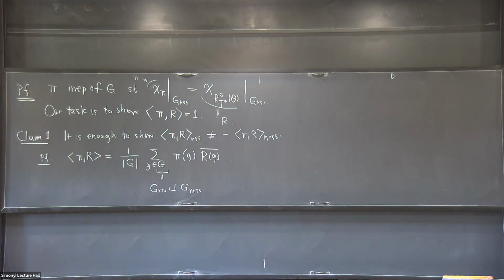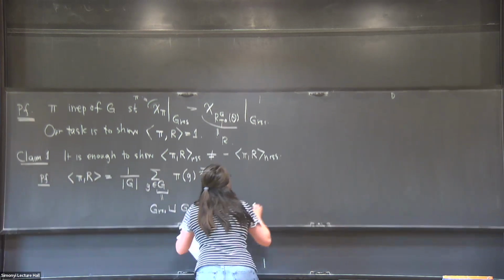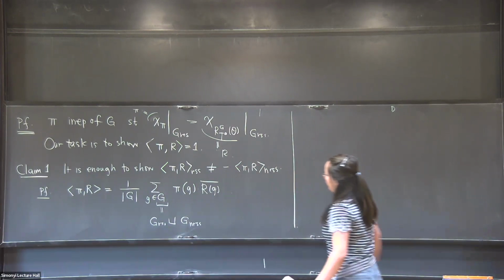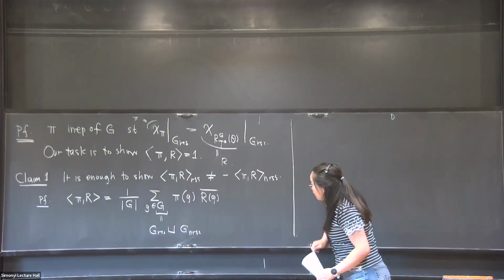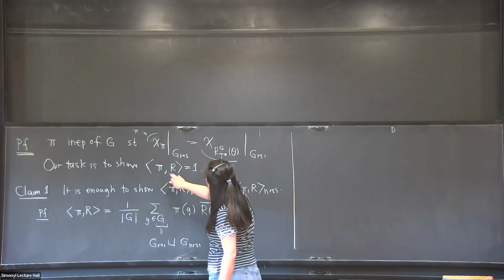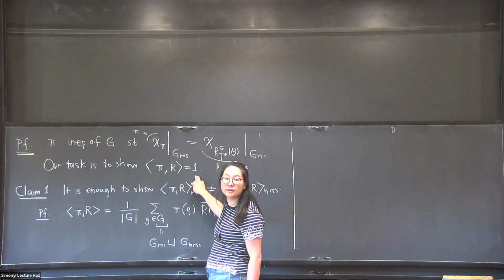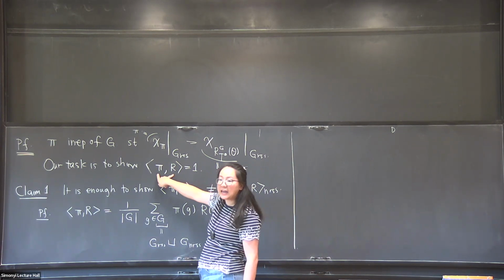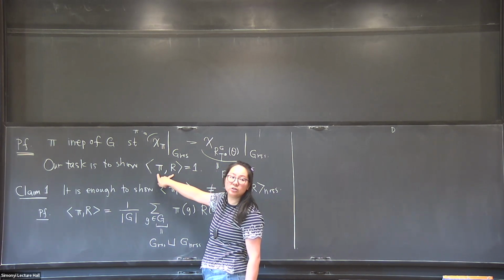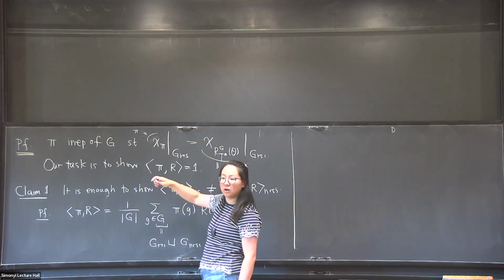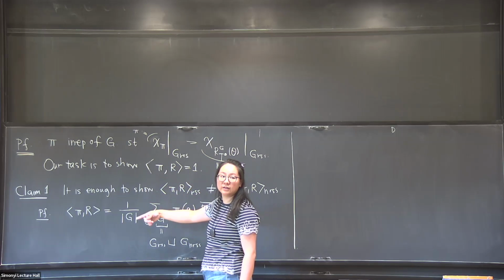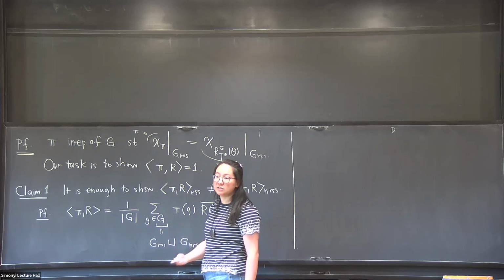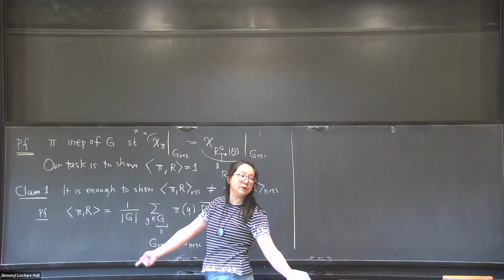Now, we are trying to show this thing equals 1, right? But we know that since pi and r are assumed to be irreducible, either this number is 0 or it's equal to 1. So actually it's enough to just show it's not 0, right? Because then it'll be 1.